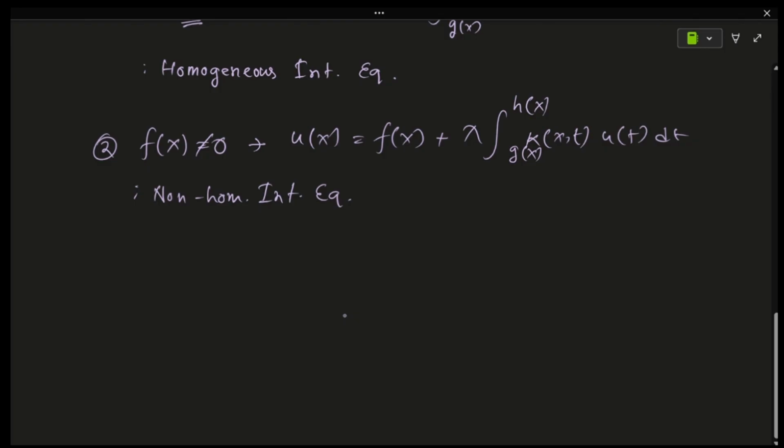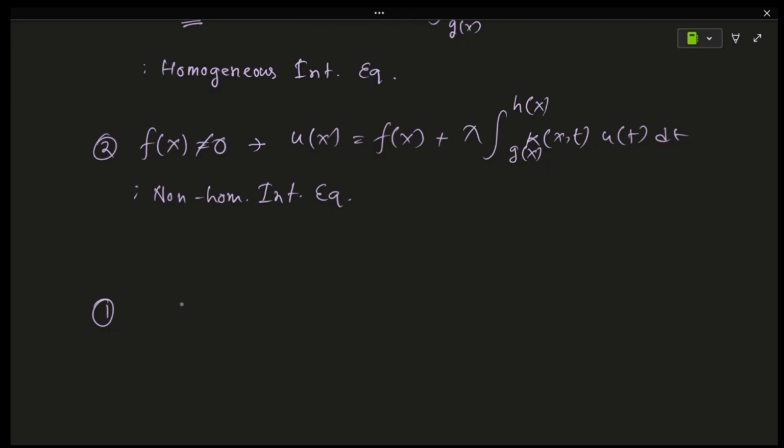And depending on the existence of the unknown function outside the integral, we divide it into two types as well. If the unknown function only exists inside the integral, then it's called an integral equation of the first kind.